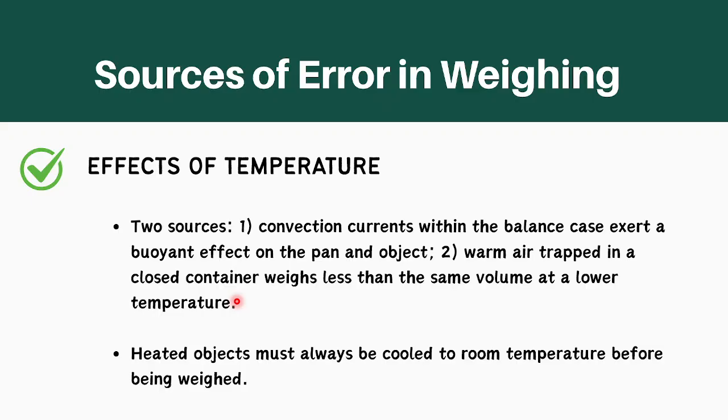This can lead to a decrease, or mas gamay ang ilang timbang, as compared to that of an object na bugnaw siya. So the molecules are in place and they are not moving, they are tightly packed. So mas accurate ang timbang kapag bugnaw ang object.